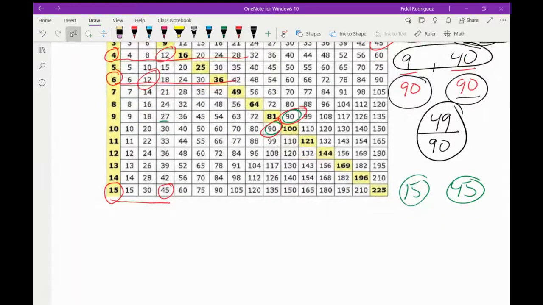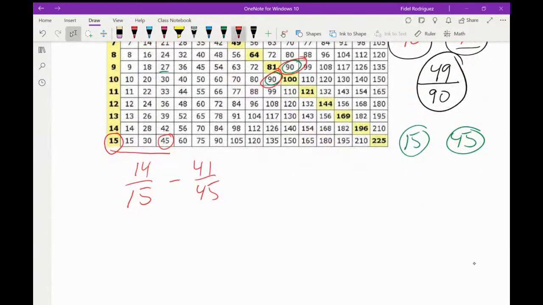So when I'm doing my problem, and my original problem was 14 over 15 minus 41 over 45, I want you to think about this for a minute. If my multiplication table kept going on forever, or at least further down, and I had a 45, the first number here would have been 45.